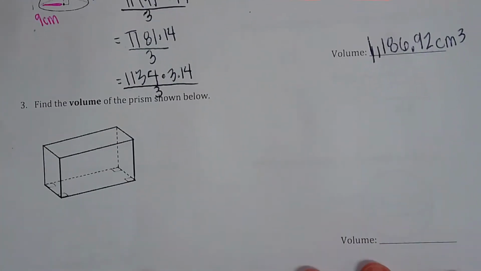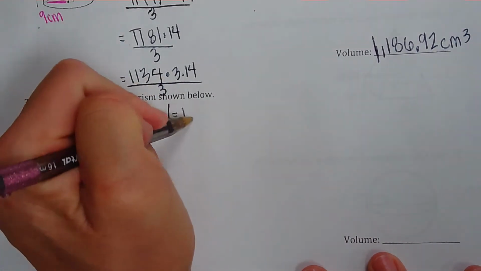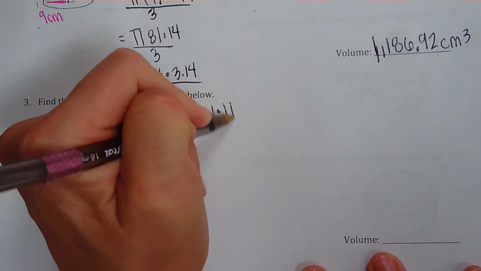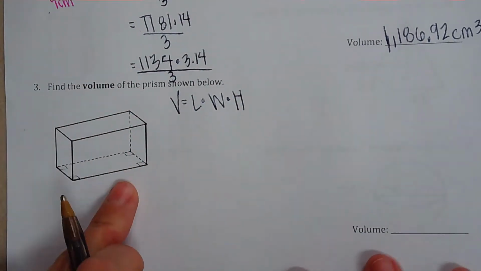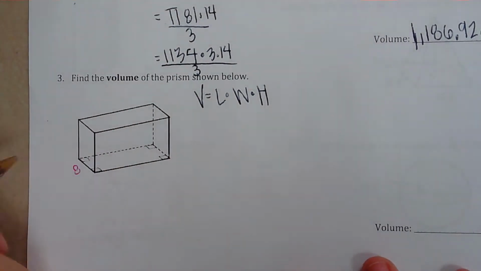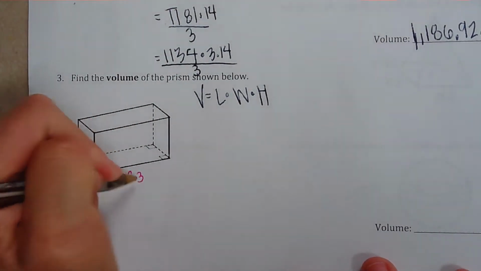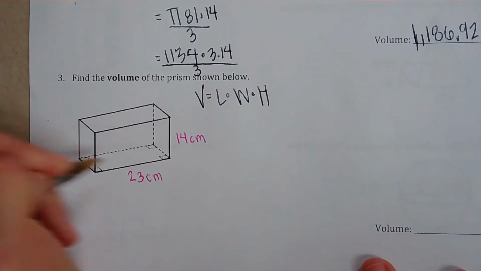Okay, moving along to the volume of a rectangular prism. Well, that one is length times width times height. It would be nice if we knew the measurements. So this side we're going to say is 8, this is 23, and this is 14. They're all centimeters.